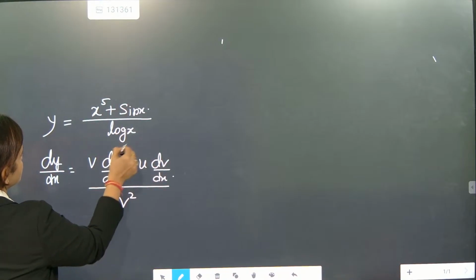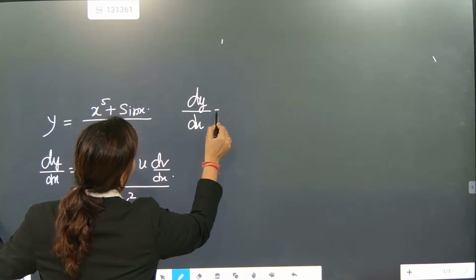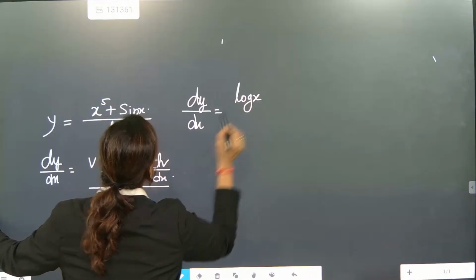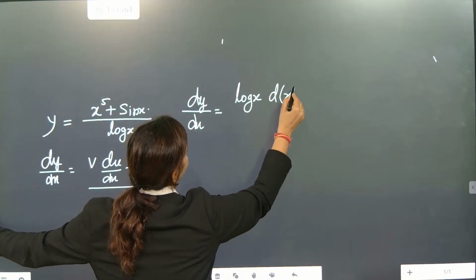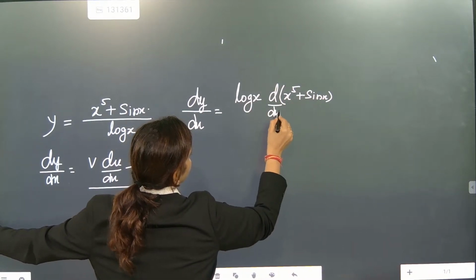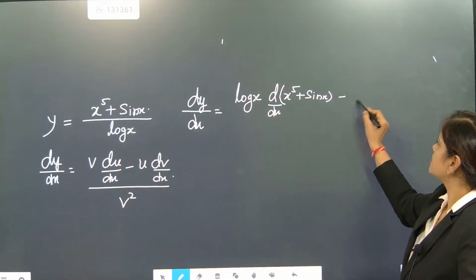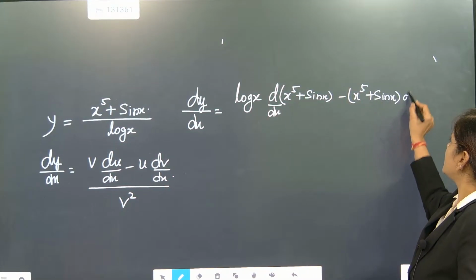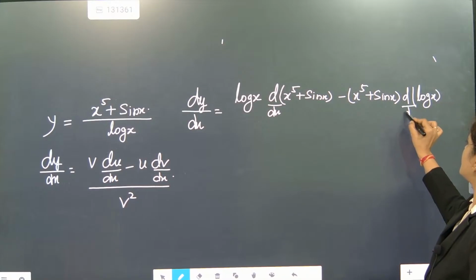So dy by dx is equal to this log x will be as it is. Now this part will be differentiated. X to the power 5 plus sin x. Then the sin x part will be left, minus x to the power 5 plus sin x, differentiation of log x dx.